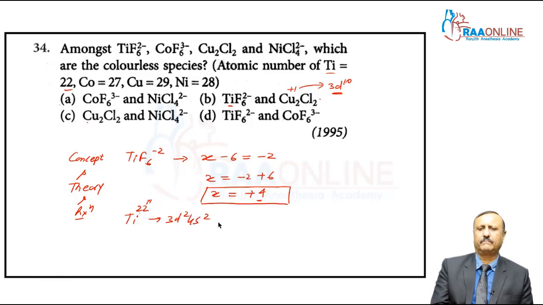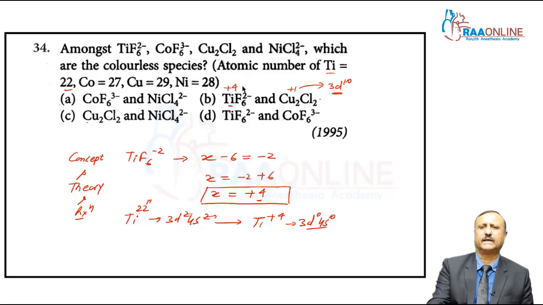When this titanium is converted into titanium plus 4, titanium leaves 4 electrons from the valence shell. You can remove these 4 electrons, 2 and 2, so you get 3d0 and 4s0.